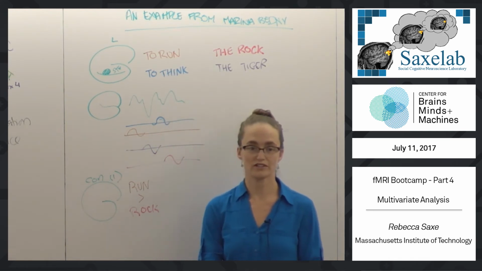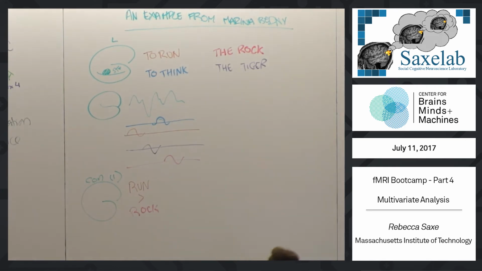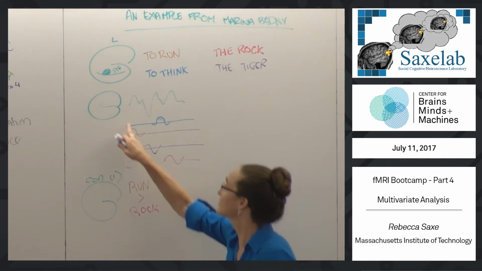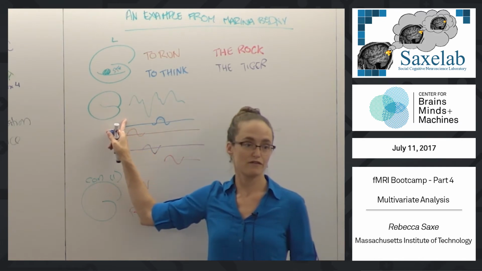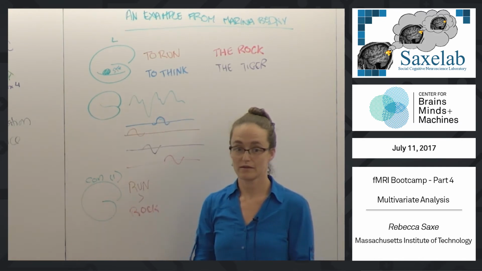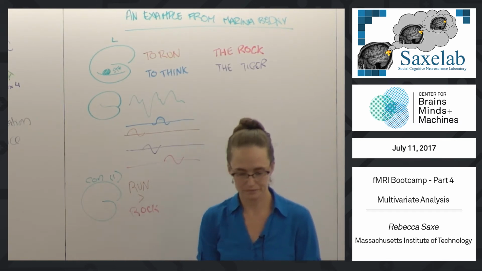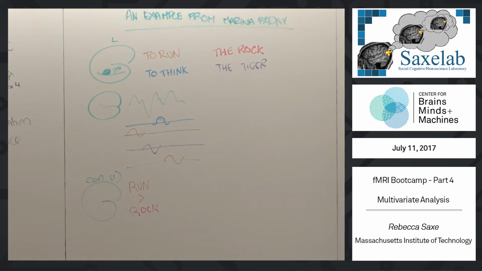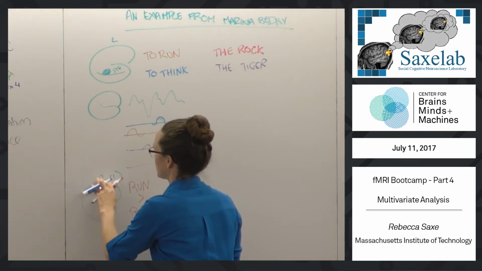Okay, so the question is, for each voxel in the brain, compute the difference in the betas for the motion verbs than the animal nouns. Actually, what she made was a T-map.